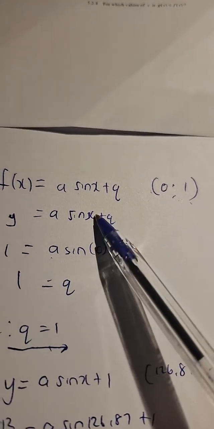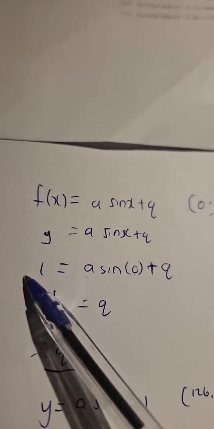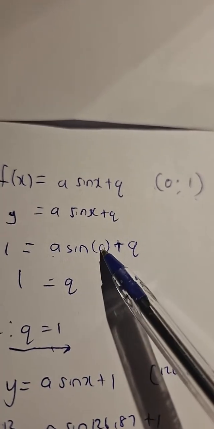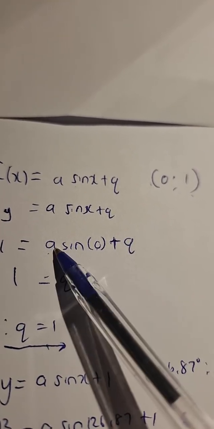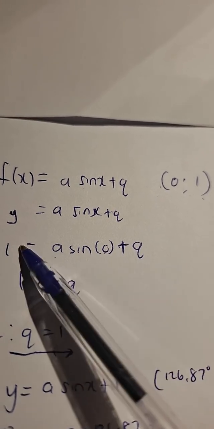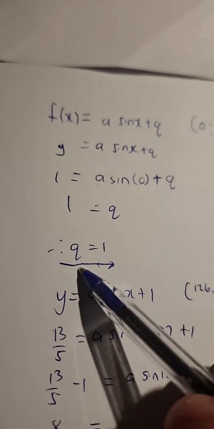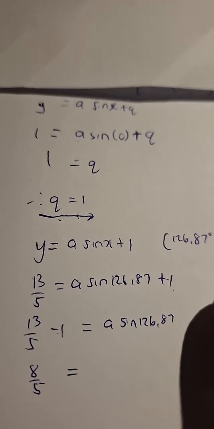So x is 0 there. y is 1 there. So sine 0 is equal to 0 times a. That gives us 0. So 0 plus q is equal to 1, which means the q value is 1. So that's how I was able to get q is equal to 1.